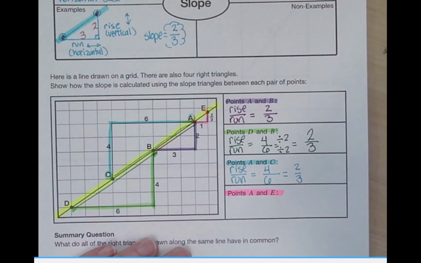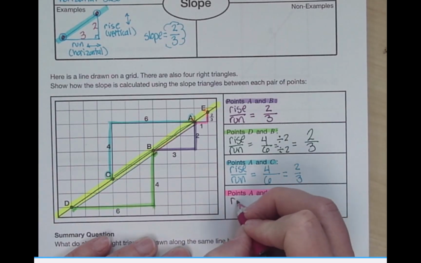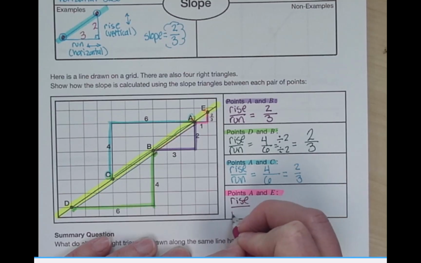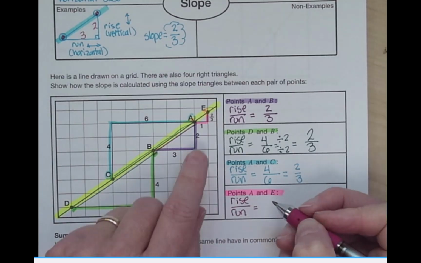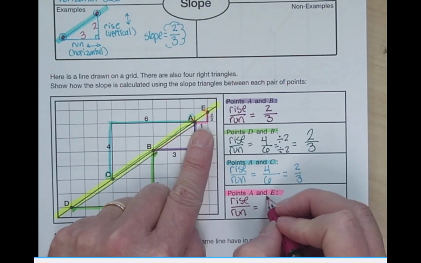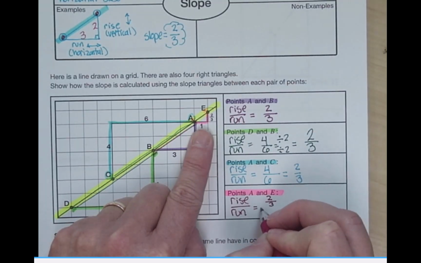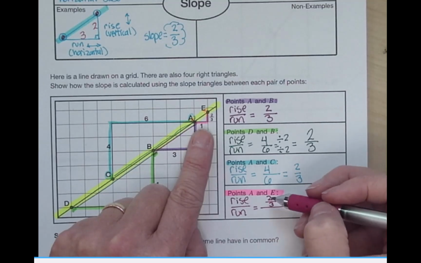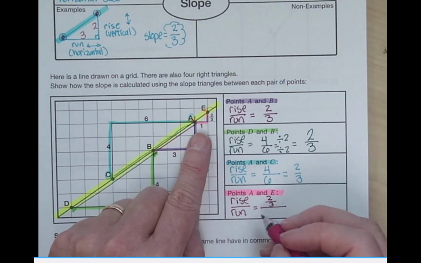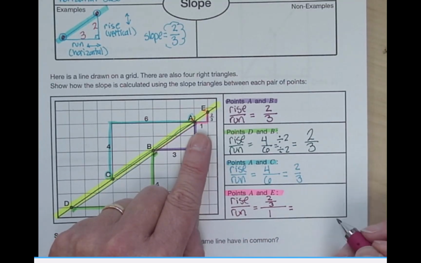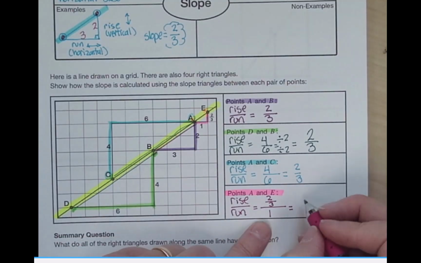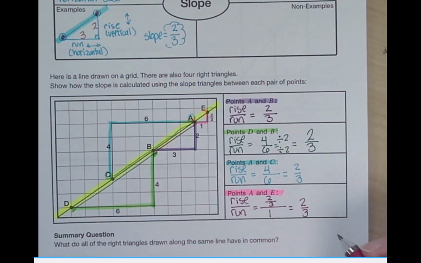So big finish. In this one, the rise is 2/3. I hate having a fraction within a fraction, but let's do this. And the run, the horizontal distance, is 1. Well, anything divided by 1 is itself.